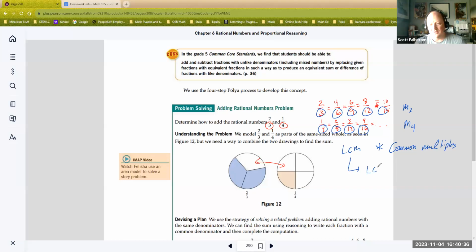So before you really get going, you could say, what is the LCM of 3 and 4? They are relatively prime, so it really is just 3 times 4, and that gives you 12. We can even see that here.